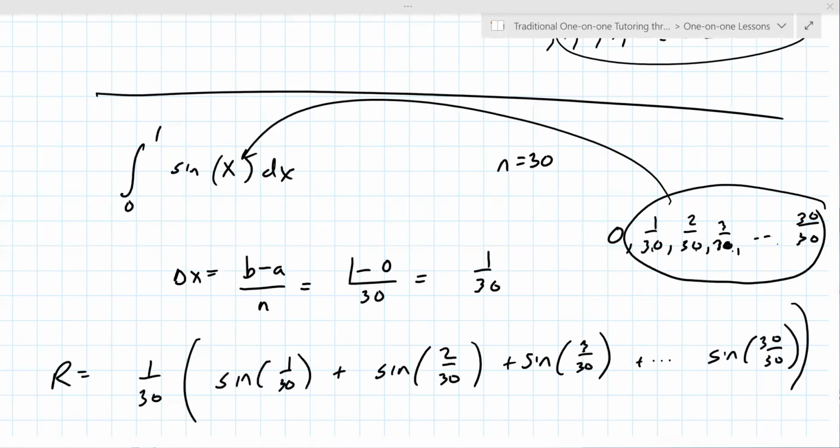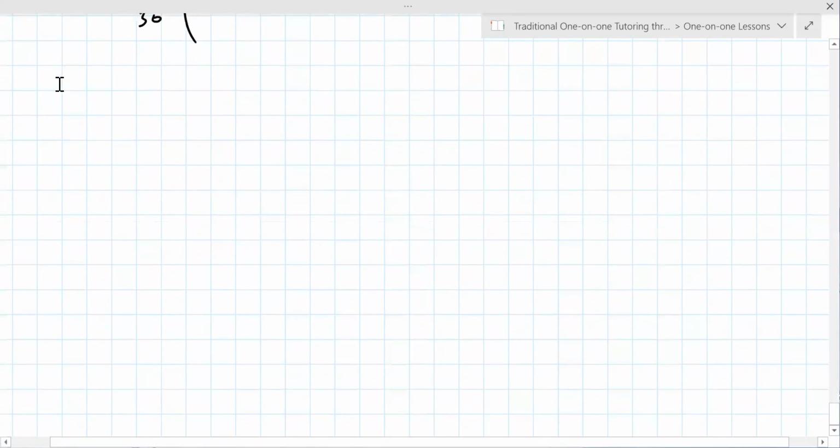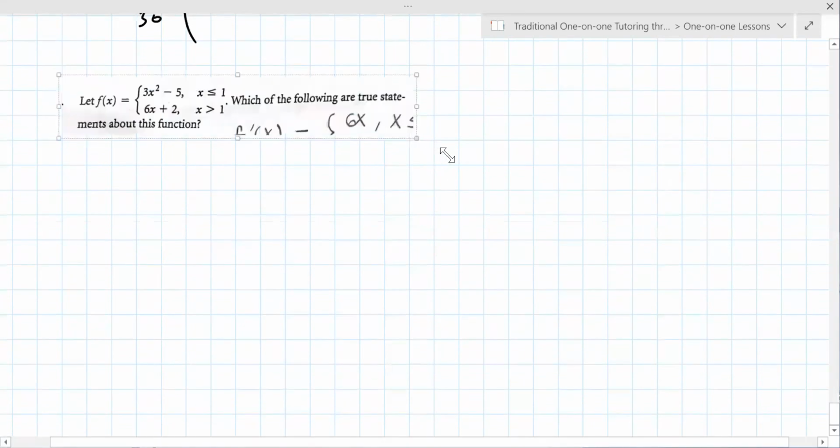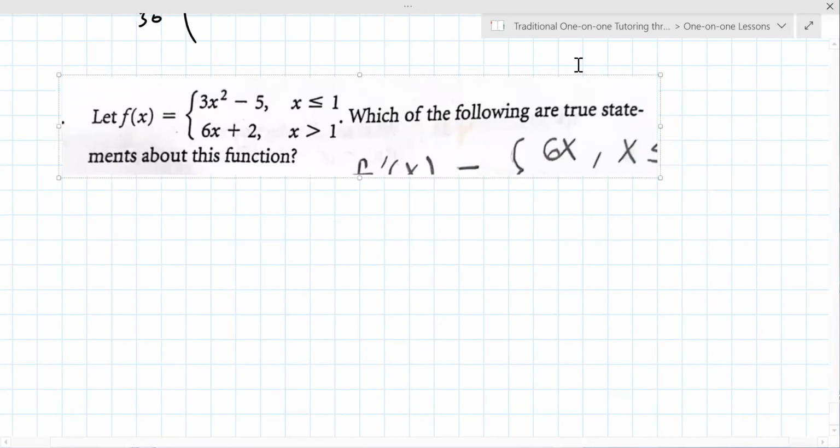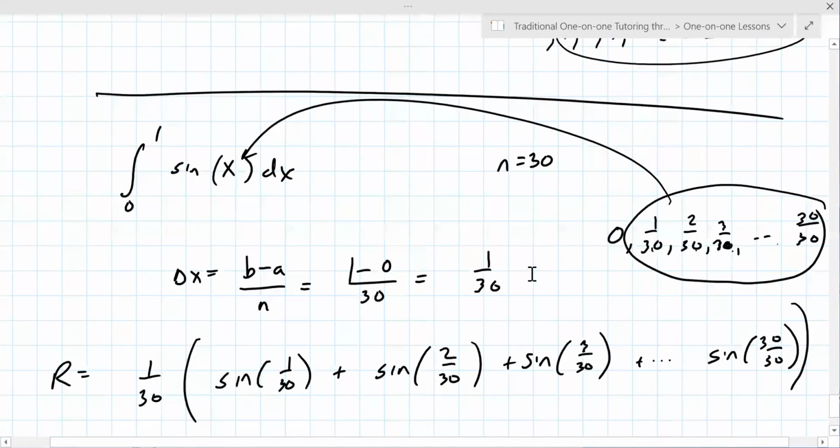So this was early on in the course here. Sorry, how do you know for the last one to do a right-hand Riemann sum? Yeah, I'm glad you asked. You don't know, because the question doesn't tell you.